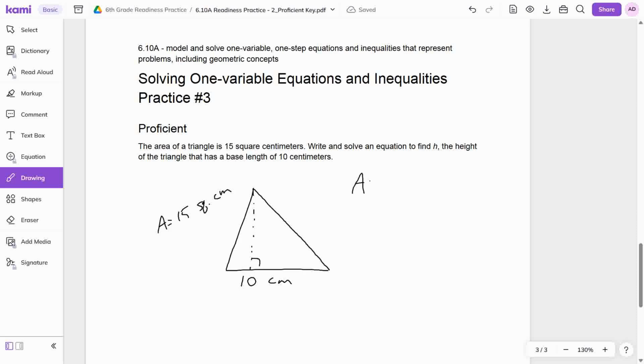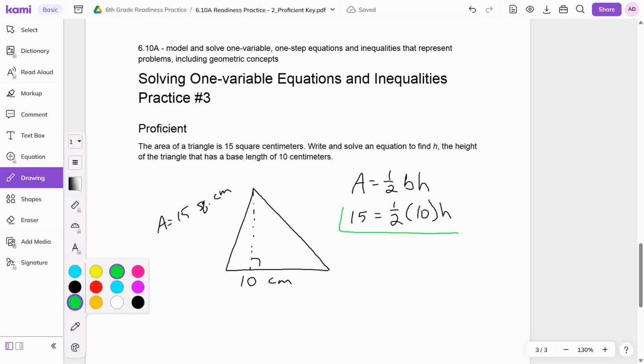Well, area equals 1/2 base times height. Let's plug in what I know. I've got 15 equals 1/2 times 10 times my height. Okay, so that's going to be my equation that I can use.